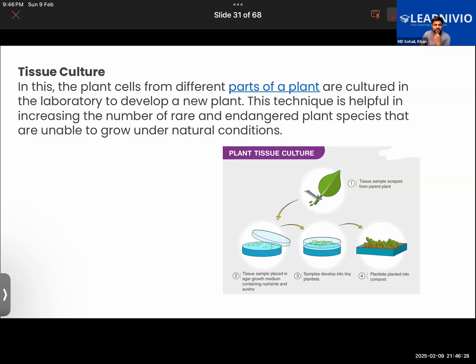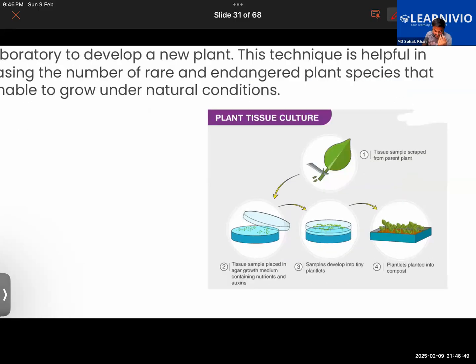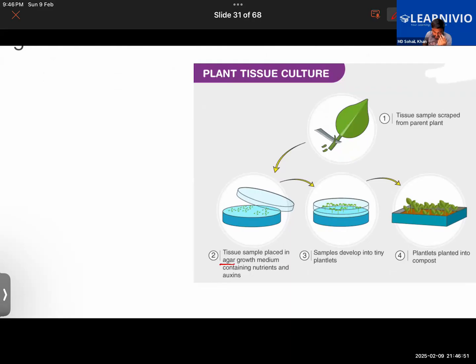So in the method, what we will do, we will take a sample from any part of the plant. Particularly, we take the sample from the shoot system. So a small portion of the tissue is taken. Now it is placed in a nutrient-rich medium, and that medium is basically called agar.